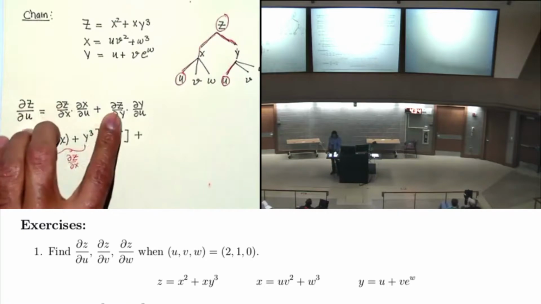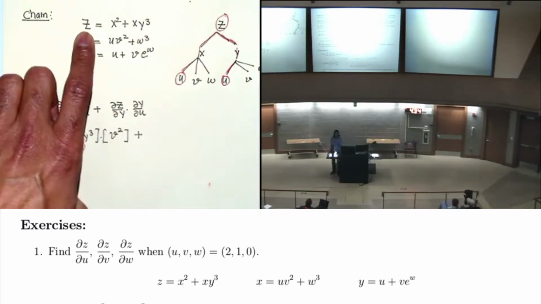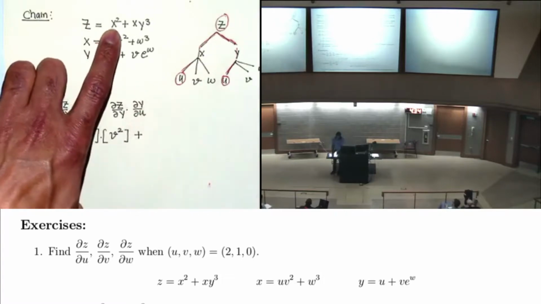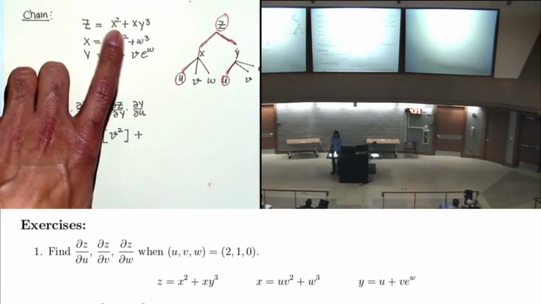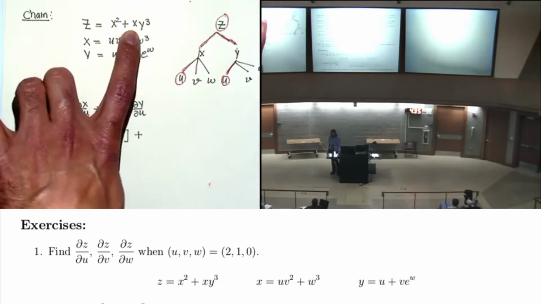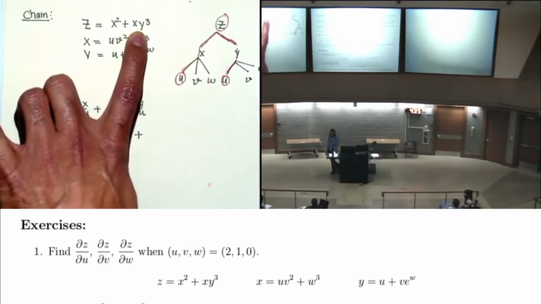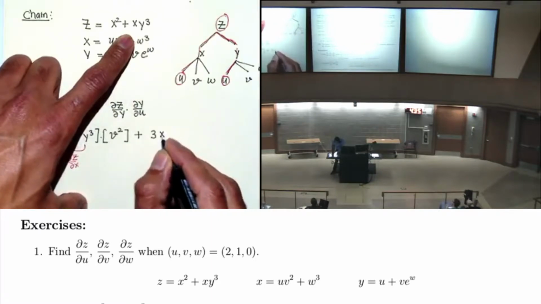Now, the differentiation of z with respect to y. Now x is a constant and y is the variable. So the derivative of x squared is going to be 0, because x is a constant, plus x is a constant, it will stay outside of the derivative. The derivative of y cubed is 3y squared. So I will get 3xy squared.